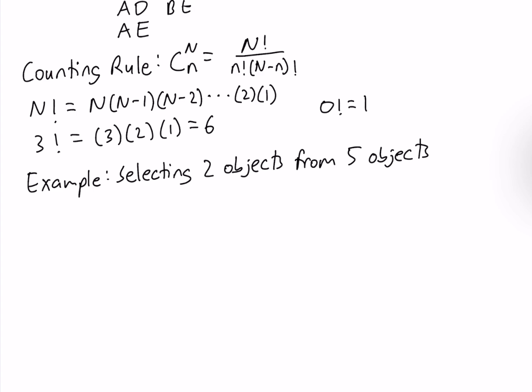So using our counting rule and setting capital N equal to 5 and lowercase n equal to 2, we get 5 factorial over 2 factorial times 5 minus 2 factorial. So this simplifies to 5 factorial over 2 factorial times 3 factorial.